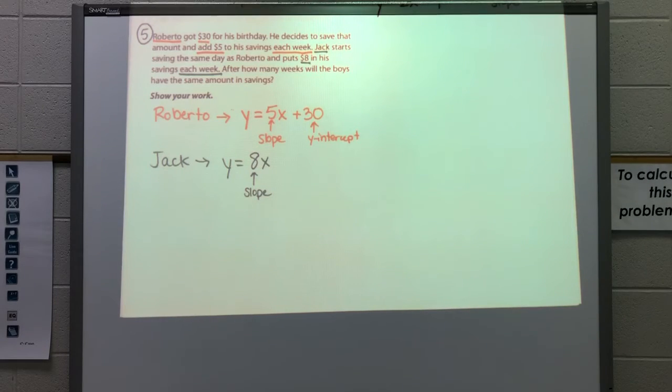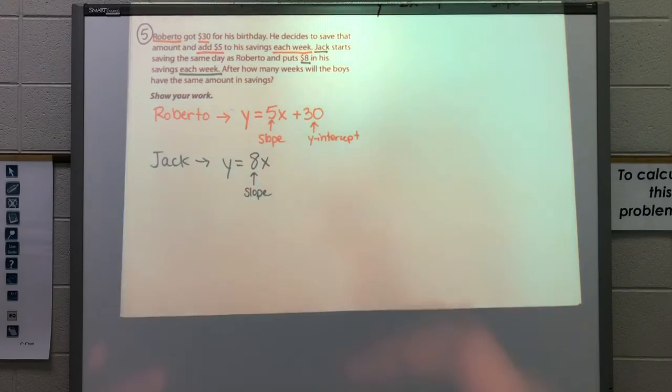But we're going to solve this algebraically. So how do we do this? We would use the substitution method, and in that method, you take one of your equations that has y isolated, and you plug it into the other equation where y is. This one's a little bit different because we have both of them isolated.